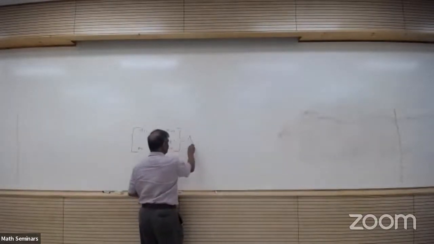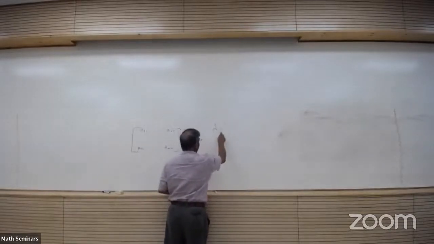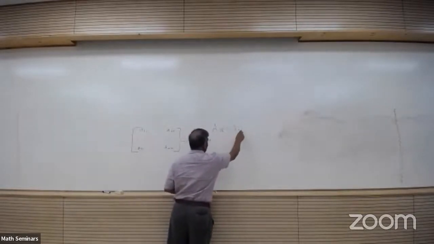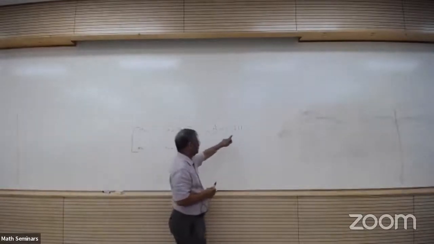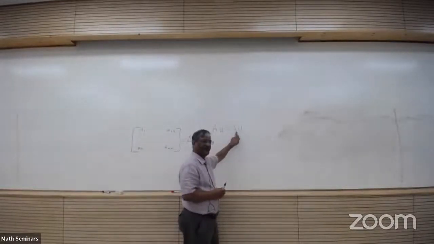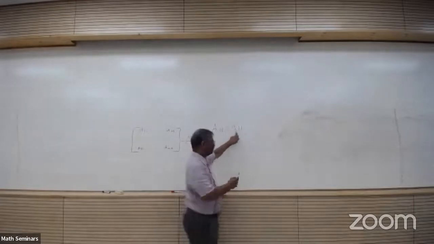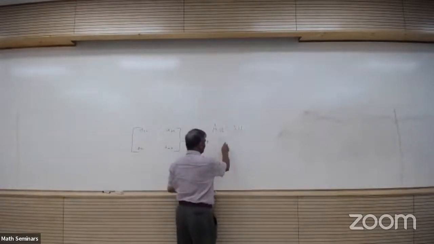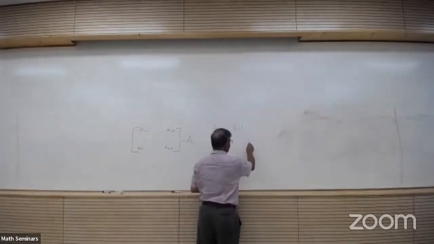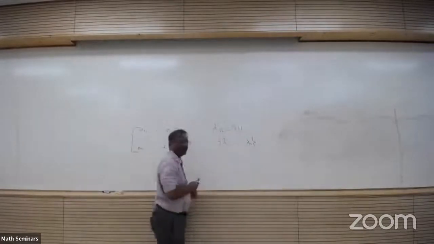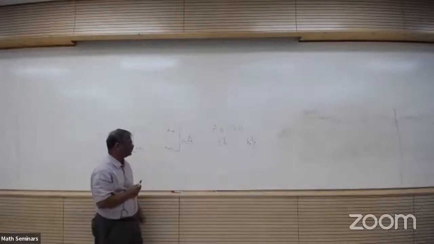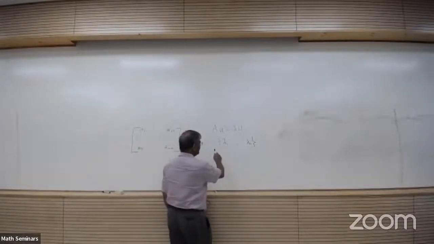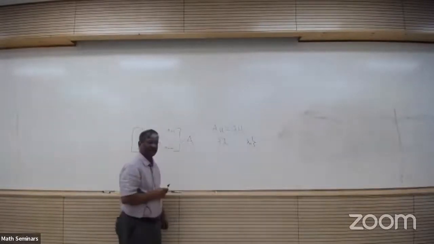If I call this matrix A, then AU equals some number lambda U. We have solutions for these, and all the solutions lambda are real numbers. You'll have typically n solutions for an n cross n matrix. These numbers are all real, because the matrix is symmetric with real entries. And this is one way of producing these numbers.